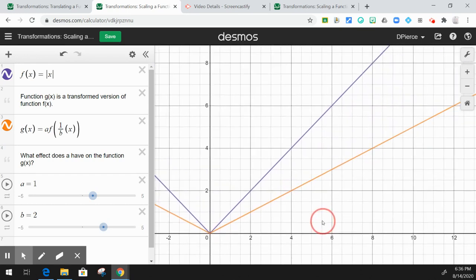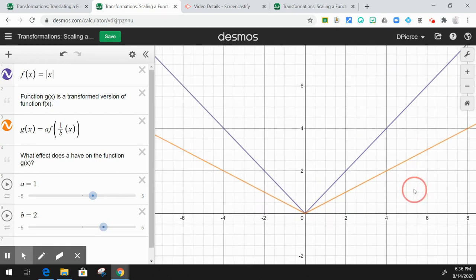And if I were to look at this point that was 4 spaces away from the y-axis, it now is 8 spaces away from the y-axis. So those x-coordinates now are doubling. Instead of an x-coordinate being 2, your new x-coordinate now is 4. Instead of the x-coordinate being 1, like it is here, it now becomes 2.